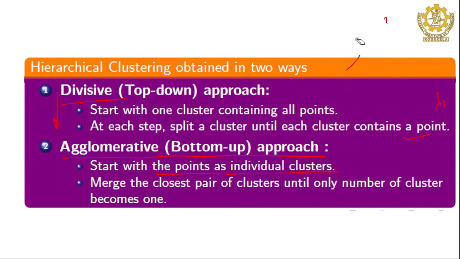I will explain in more detail. Let us say there are 4 points only. You start with each individual point as a cluster, and then you merge the closest pairs. Let us say you merge two and they become one, until all points become a single cluster.